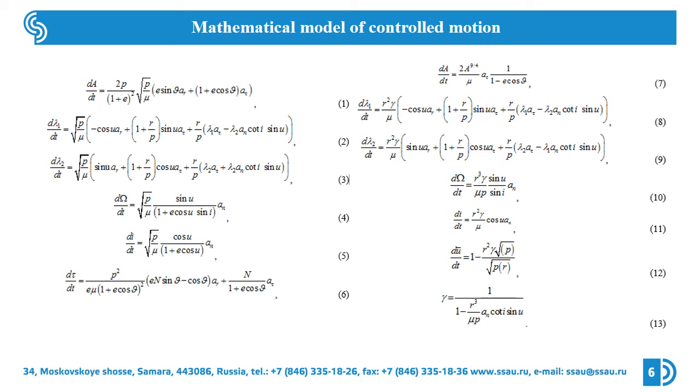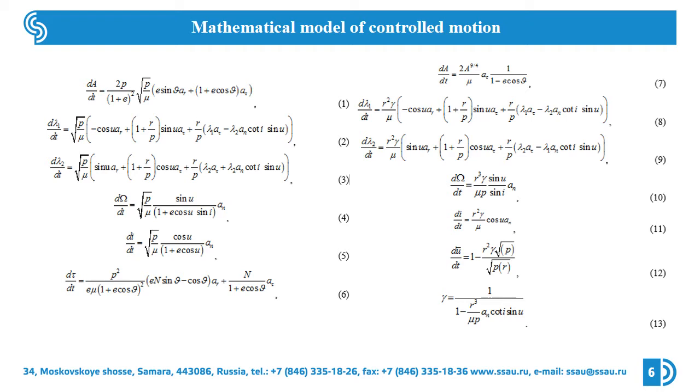The long duration of the controlled process and the cyclical changes in the phase coordinates determine the feasibility of the transition to the averaged equations.